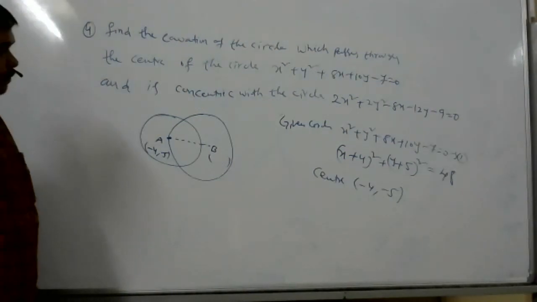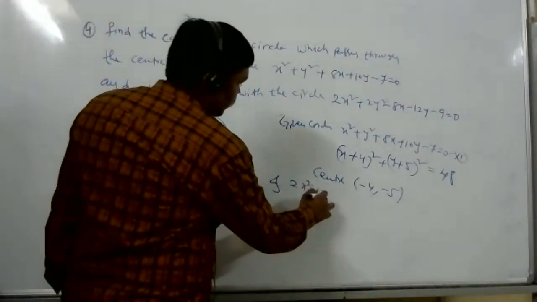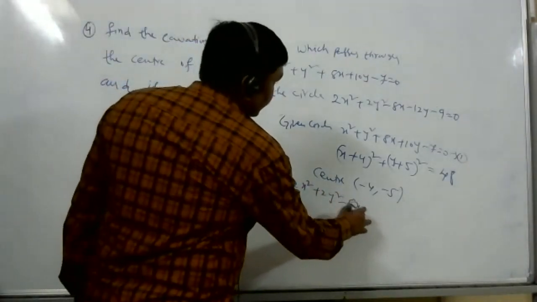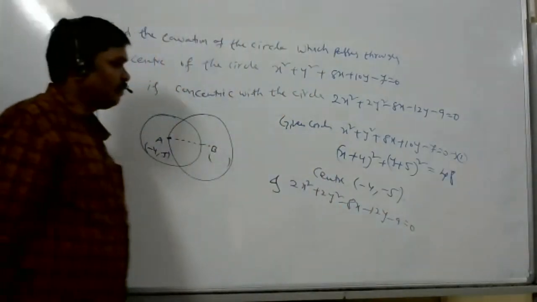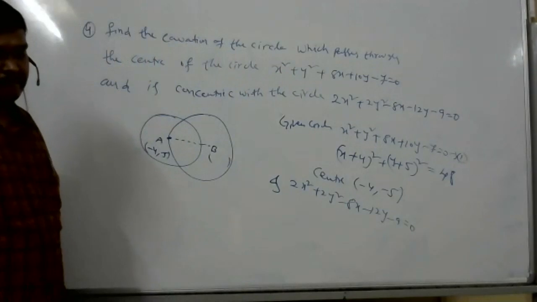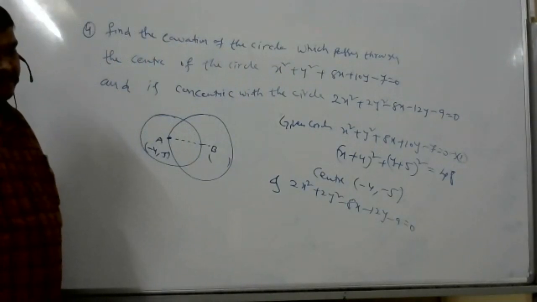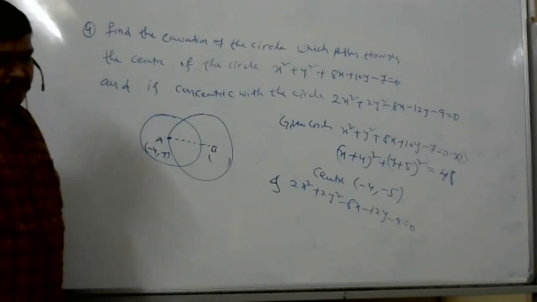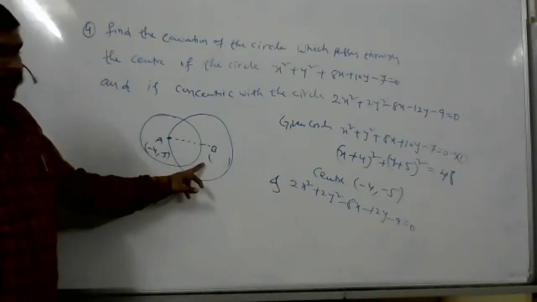Second equation: 2x square plus 2y square minus 8x minus 12y minus 9 is equal to 0. Sir, so the first center will be lying on the circle. Yes, sir.